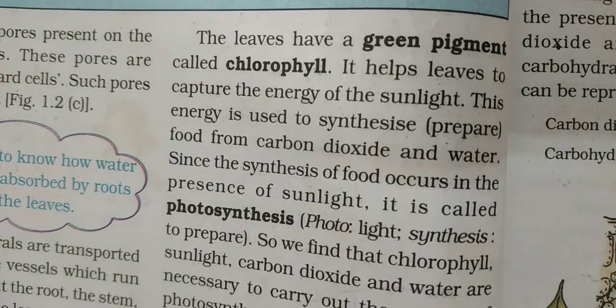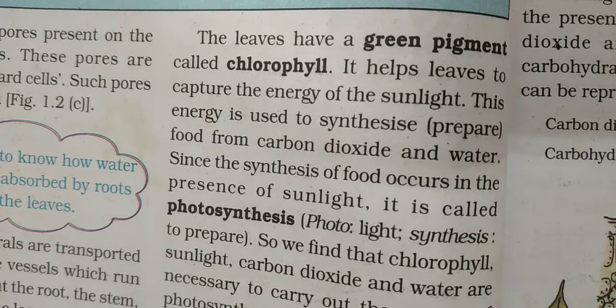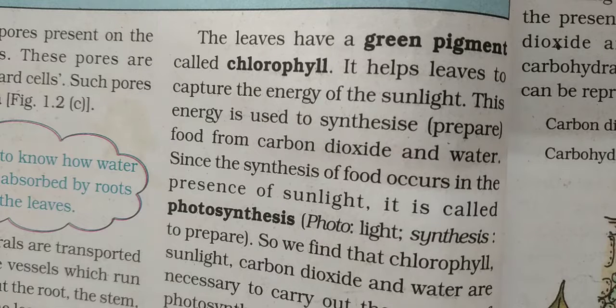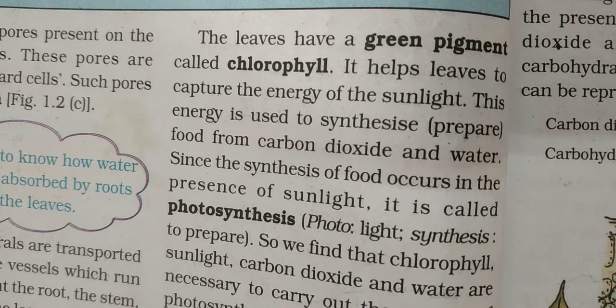Now children, the process of preparing food by plants is called photosynthesis. Let's see how the plants prepare food. The leaves, which are considered to be the kitchen of the plant, have green color pigments in them, and they are called chlorophyll. What does this chlorophyll do?